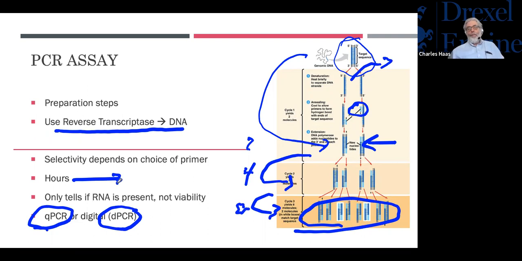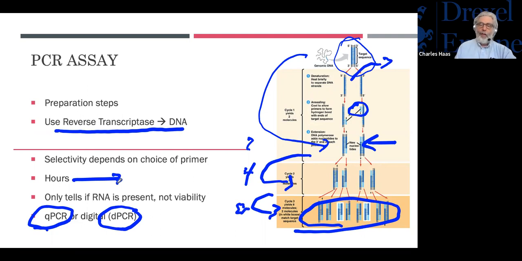And in fact, this has been the primary test that's been used for clinical examination of coronavirus in patients in the current pandemic. The reason why it only tells us if RNA is present and not the viability is we might have enough fragments of RNA in our sample, either in a non-viable or killed virion, or maybe RNA by itself in the absence of a virion, which would not be capable of infecting and reproducing in a host.